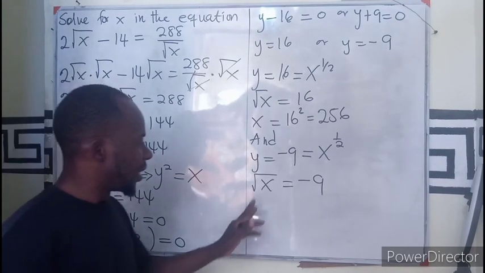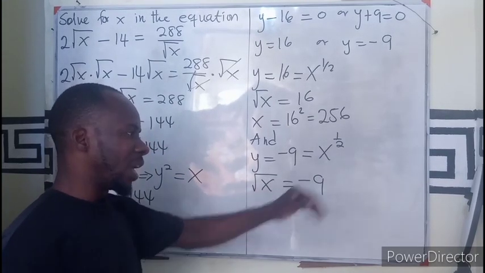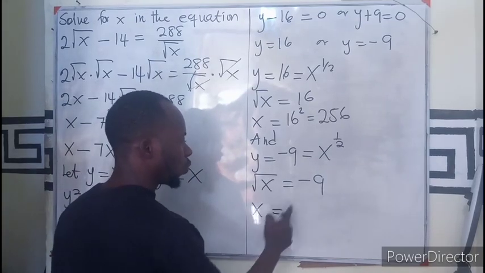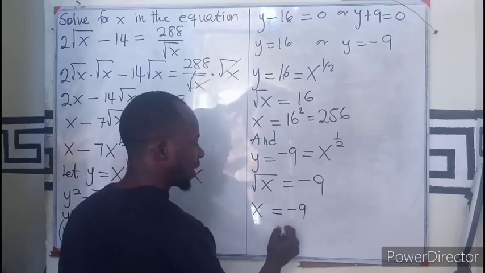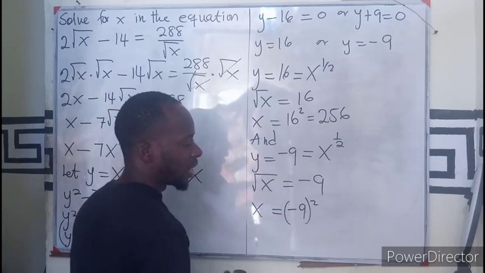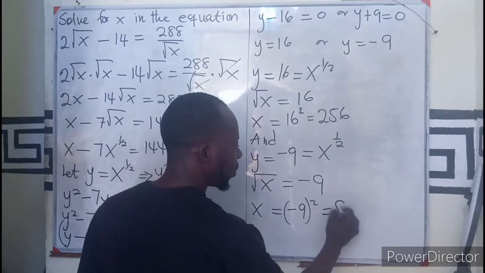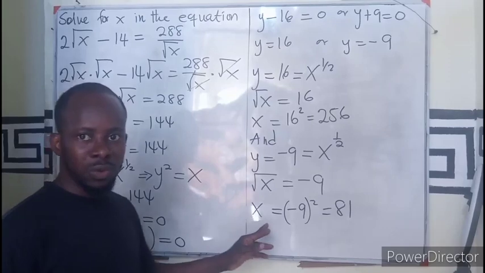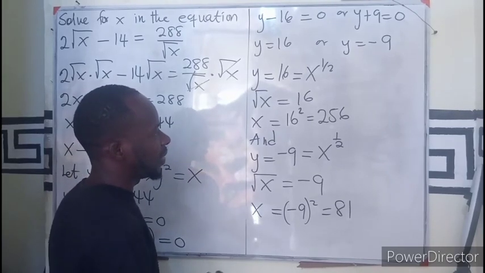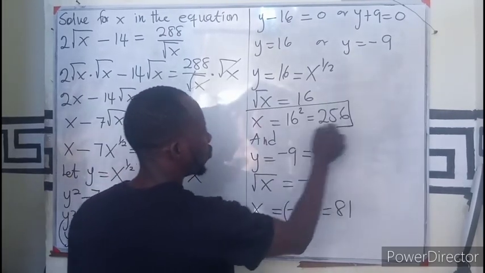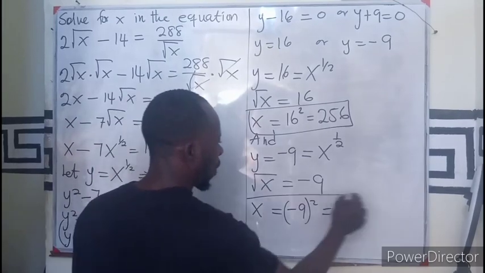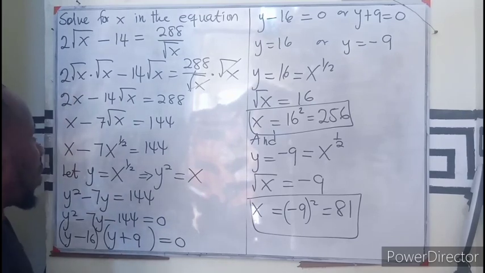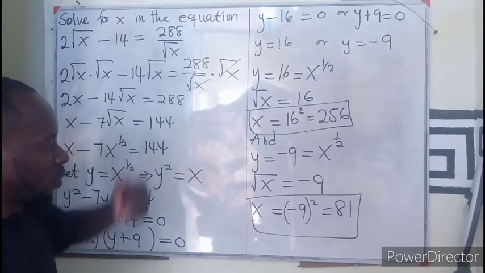When you find the square of this, that will give you x equals negative 9 all squared, and that gives you 81. So getting the values that we have, x is either going to be 256 or x is going to be 81. Normally we want to find all the values, okay?